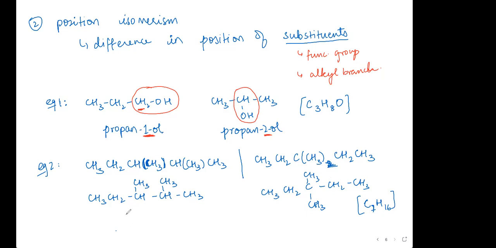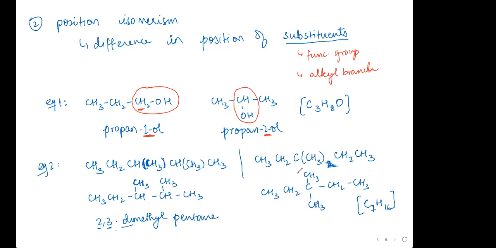IUPAC name, yes. Ritu and Smira have already sent it. So this has two methyl groups substituted over here. So it would be 2,3-dimethyl. Dimethyl, that's why we're giving the position of both of them, 2, 3. And the longest chain is pentane.